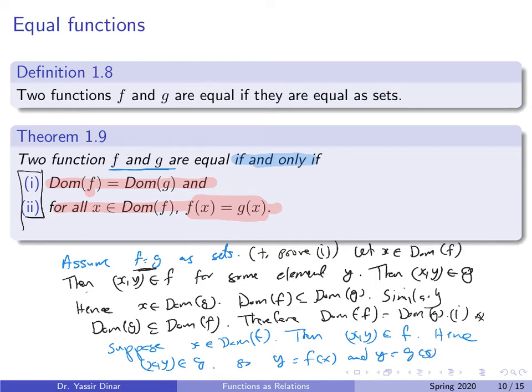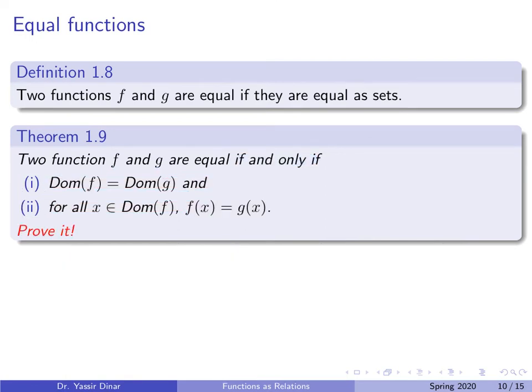So f of x is equal to g of x. From this discussion, I think it is easy for you to write the proof. So I will leave it for you to write the proof.